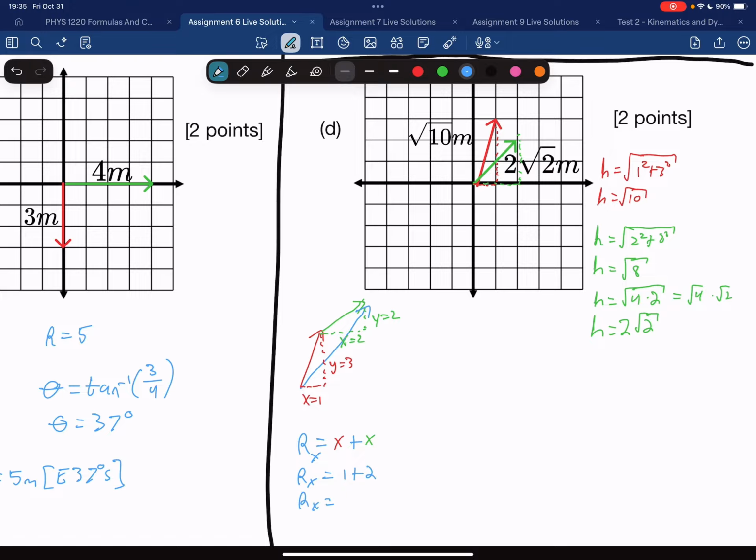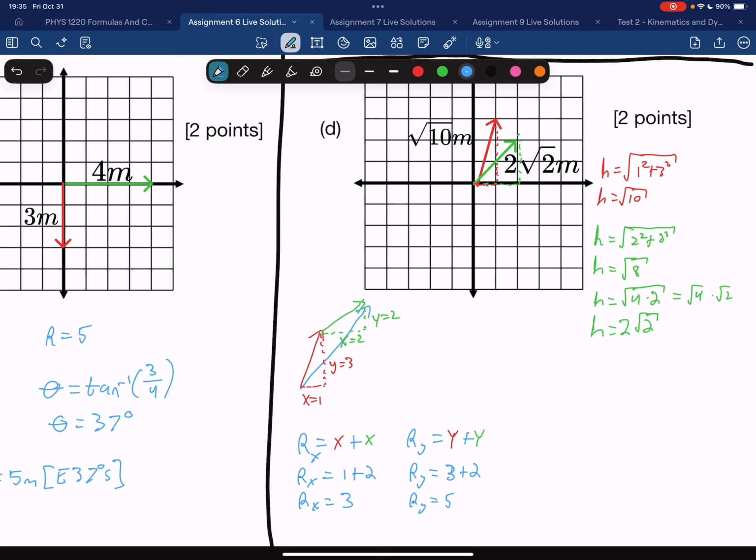So Rx equals 3. Ry is going to be the same here, but with the y components. So Ry equals 3 plus 2, which gives us 5. So 3 and 5 are our components here.